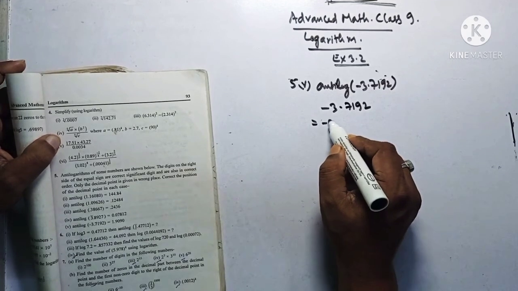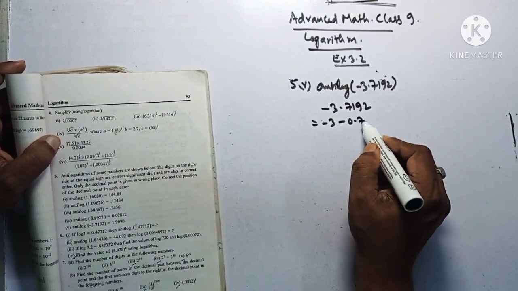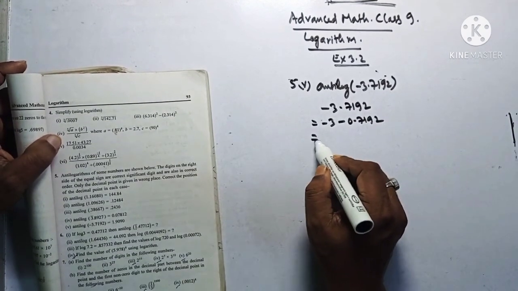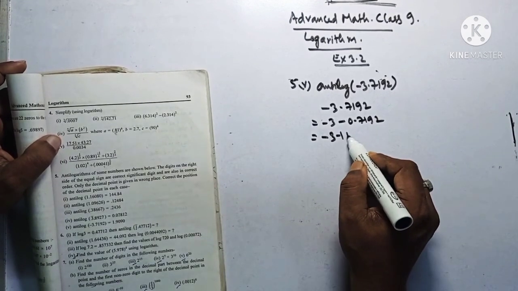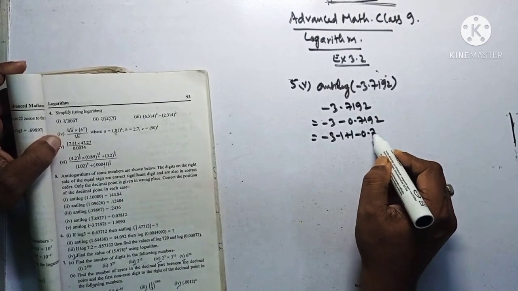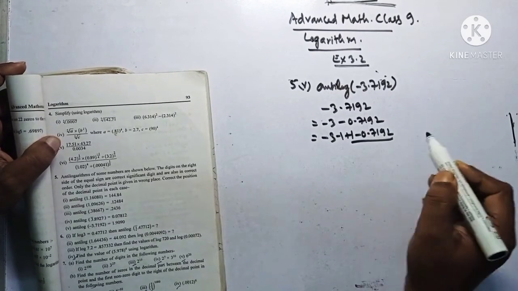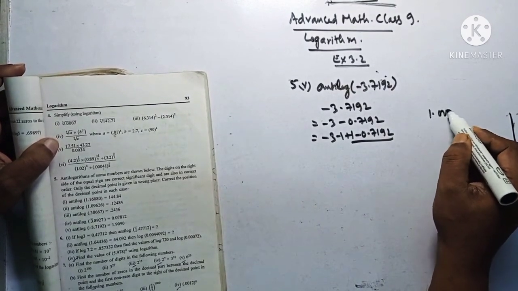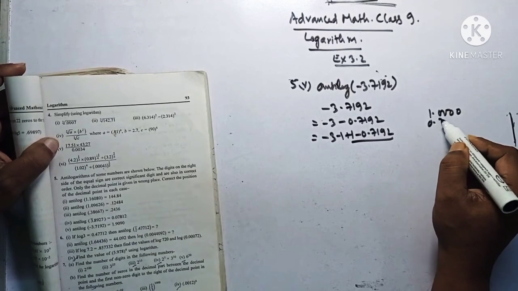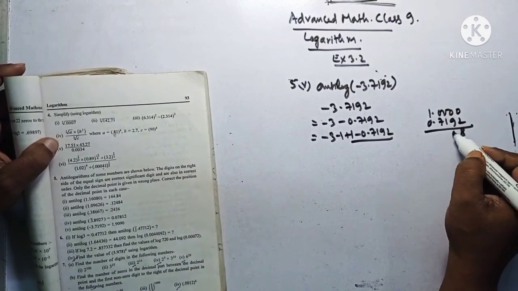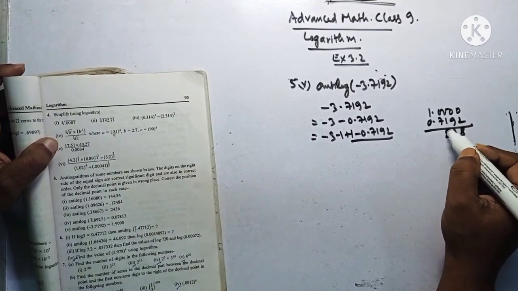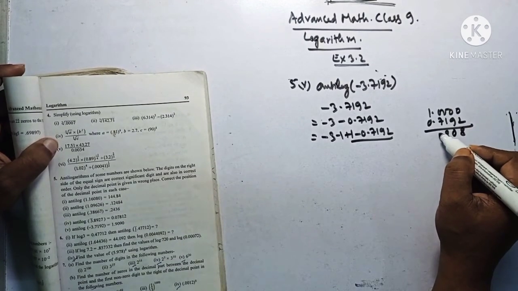So this will be equal to minus 3 minus 0.7192. We add 1 and subtract 1, minus 1 plus 1 minus 0.7192. So when I subtract from 1.0000, 0.7192: 10 minus 2 is 8, this is 0, 9 minus 1 is 8, 9 minus 2 is 7, 2.